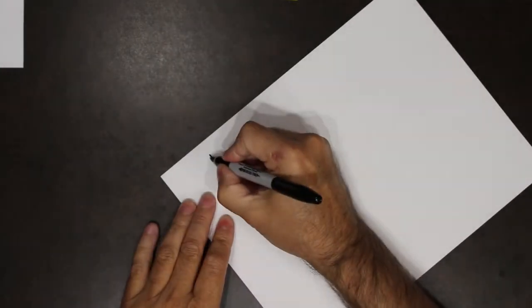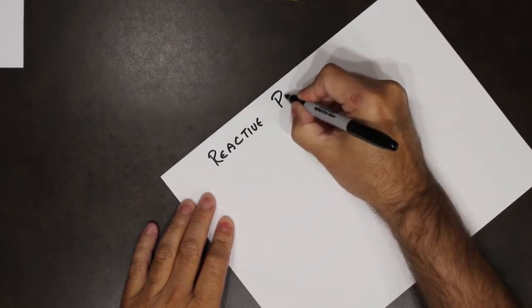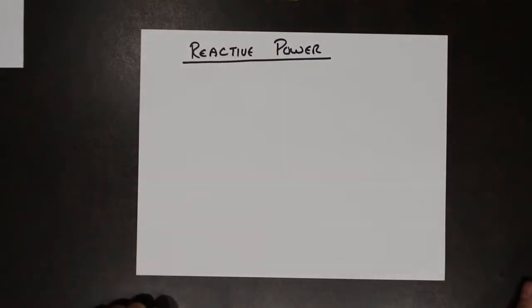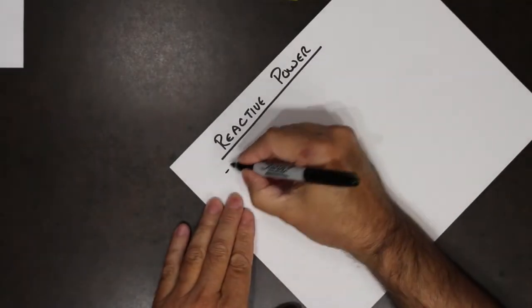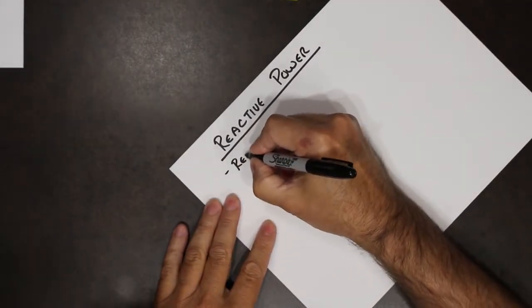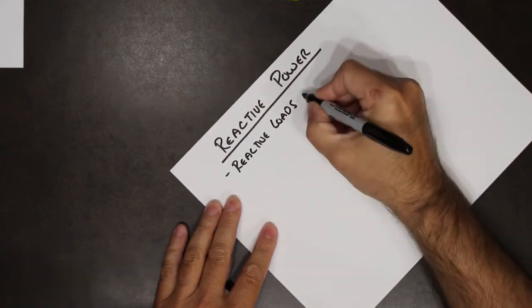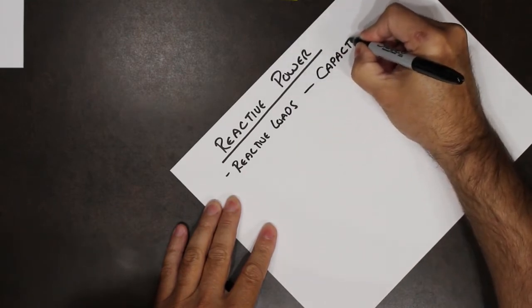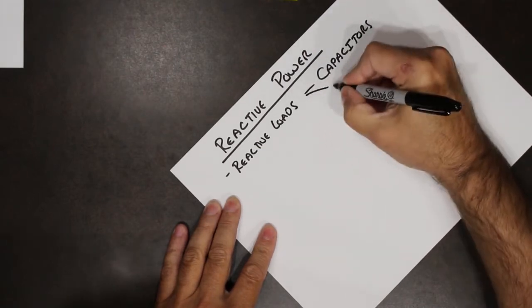Next up, we have reactive power. Reactive power is typically found in reactive loads. Reactive loads are capacitors and inductors.